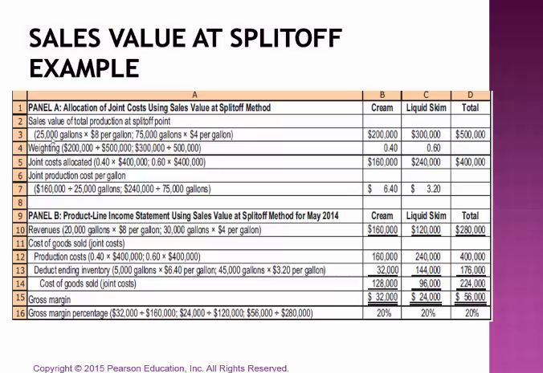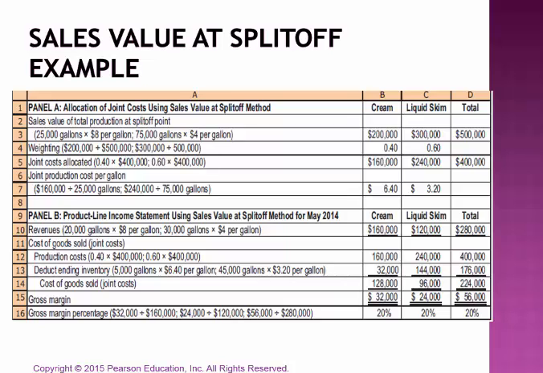Notice where that came from. 25,000 total gallons produced at $8 per gallon selling price for the cream, and 75,000 gallons produced of the skim milk times $4 per gallon for it.